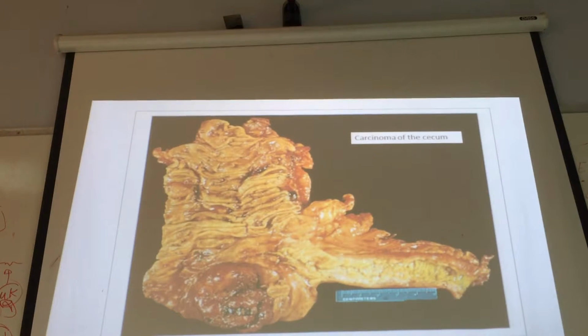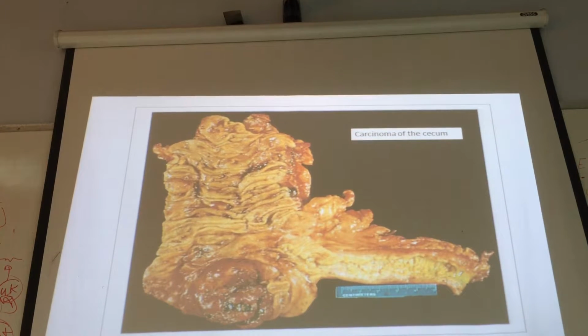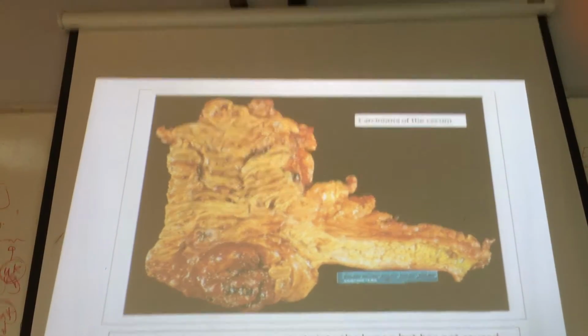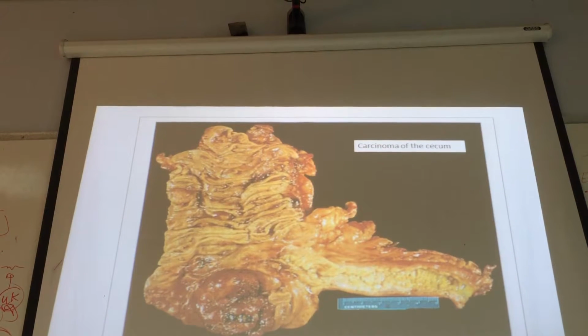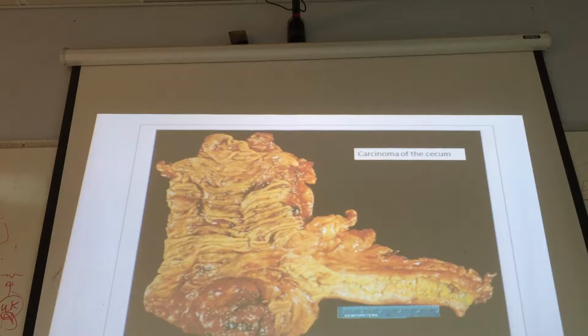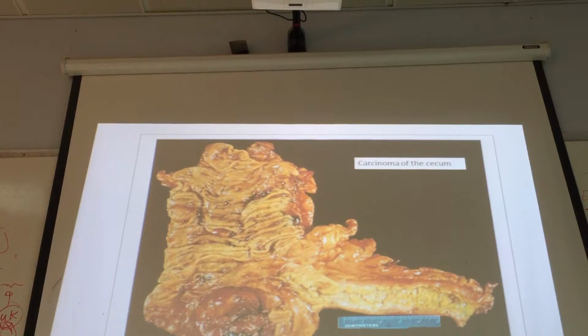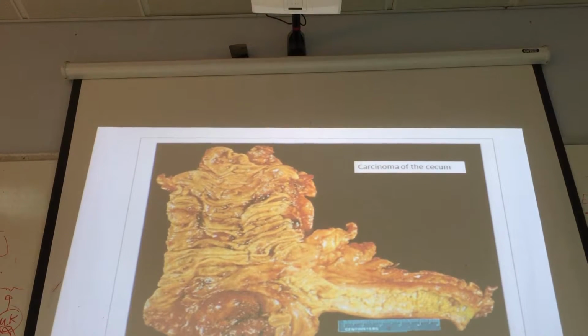CD117. What is the other name of that? c-KIT. It is a tyrosine kinase receptor marker. So you can diagnose it by CD117 or c-KIT and CD34. So this finishes the GIST also.